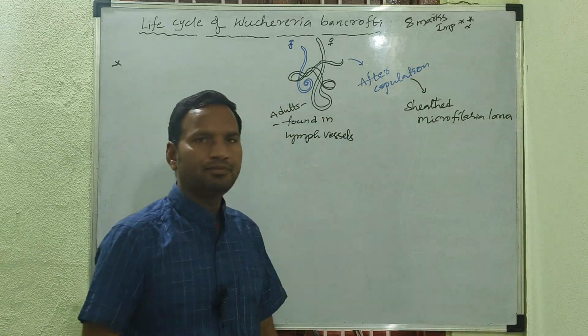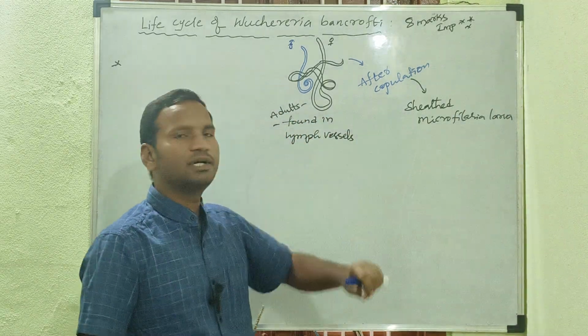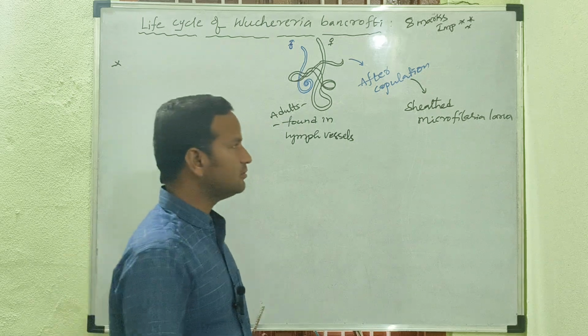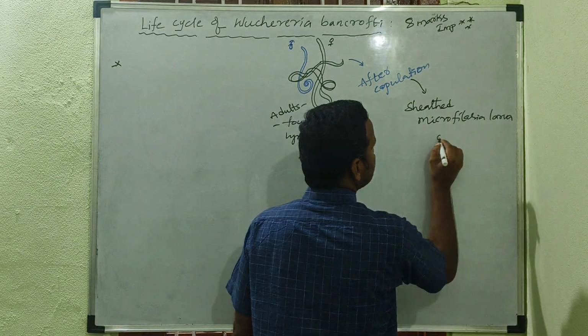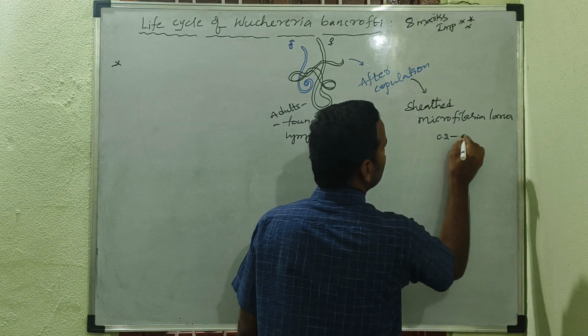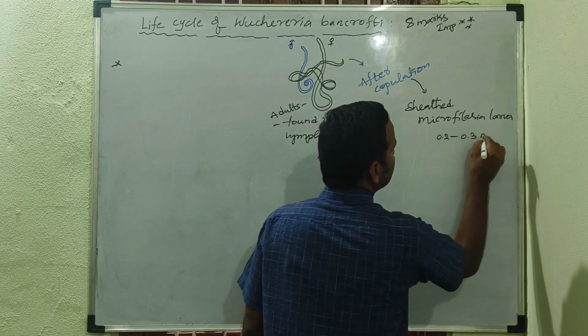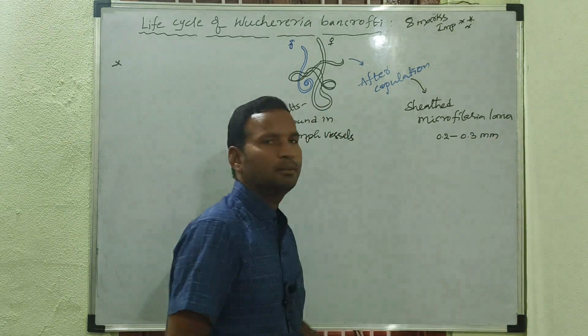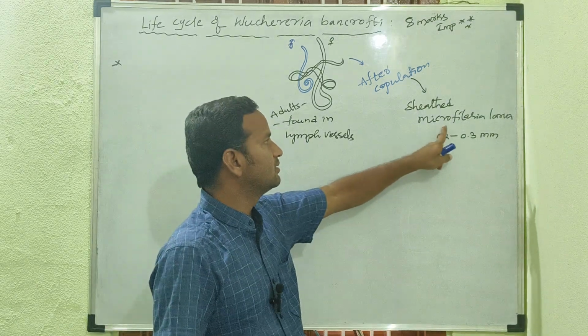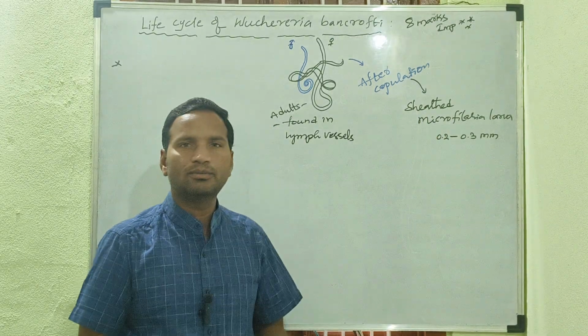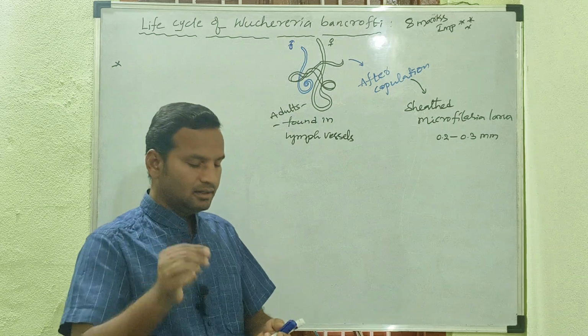Got it? It measures 0.2 to 0.3 millimeter. This is the measure of the sheathed microfilaria larva.